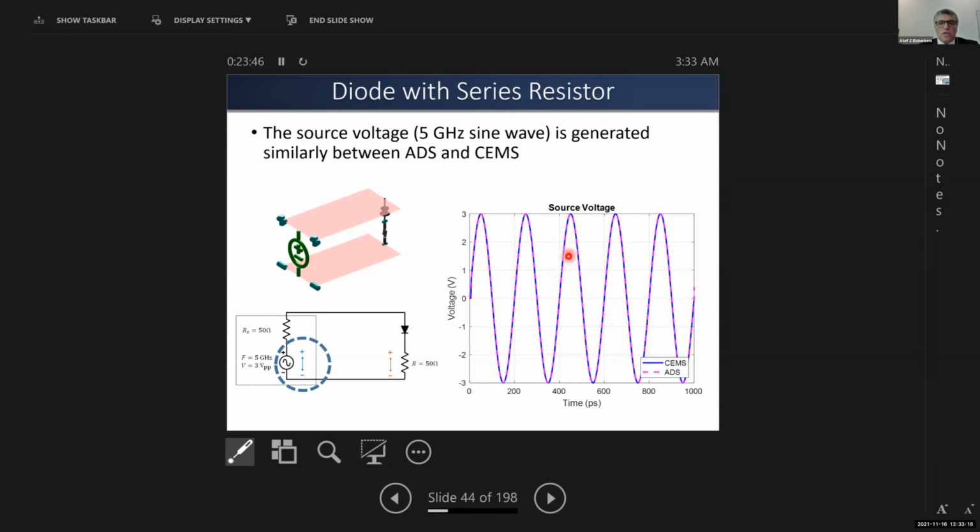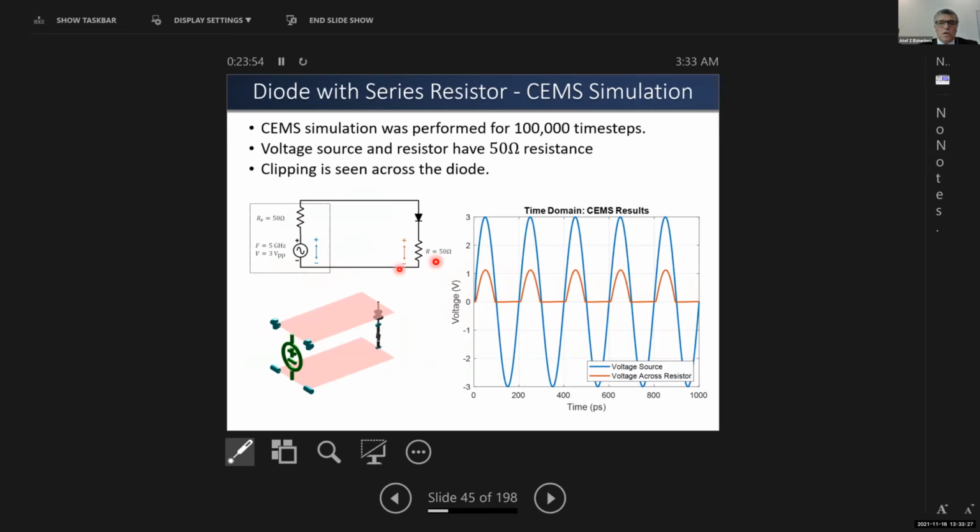When we sample the voltage across the source, we can see a good sinusoidal waveform, and when we sample the voltage across the resistor, we can see this red curve here, and obviously the diode is clipping the bottom portion of the signal. This is the signal that's being captured across the resistor as a function of time.